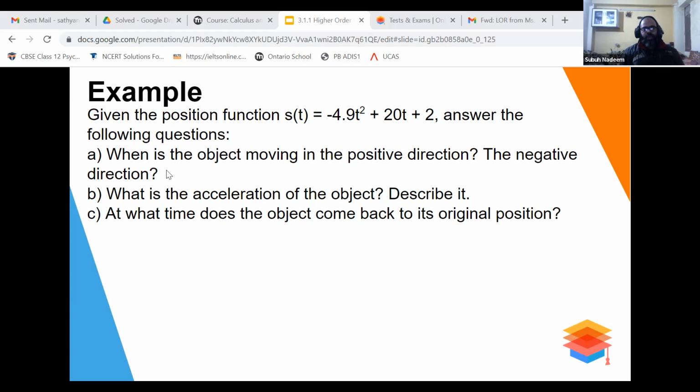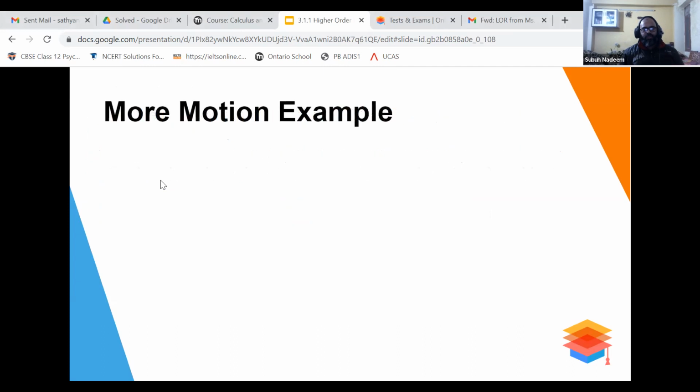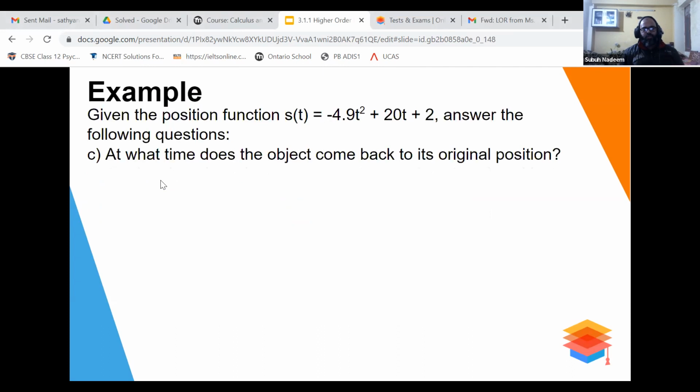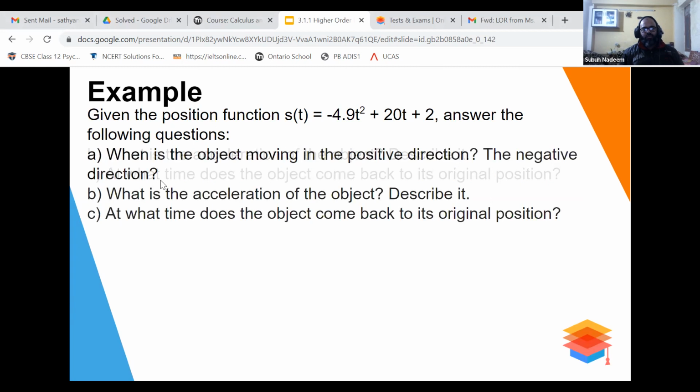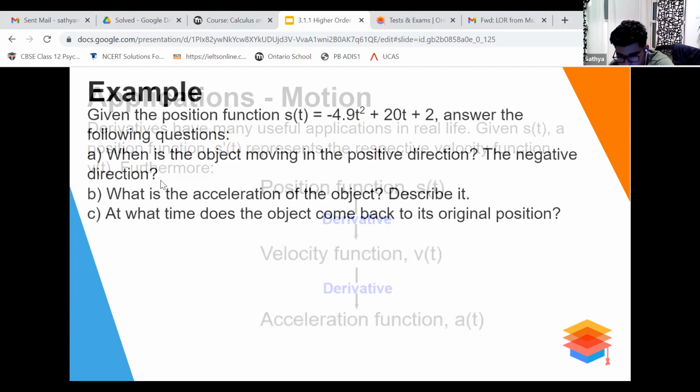You can see the previous slides also, if you want to consult. Yeah, previous to this. Here, position, velocity function, derivative.